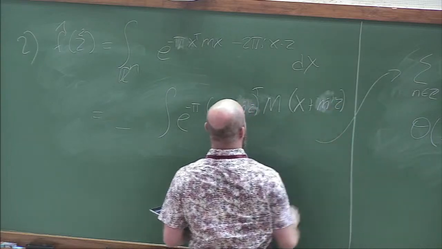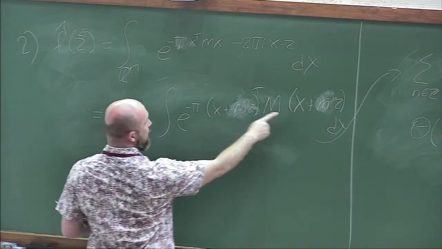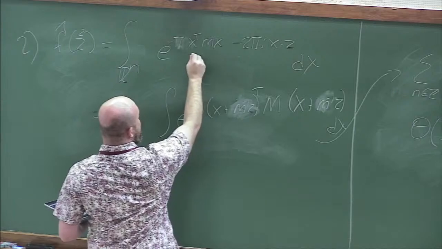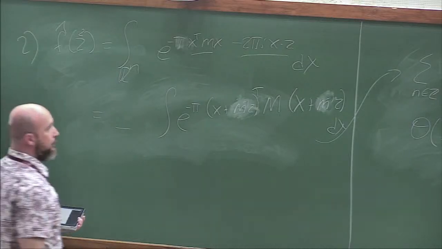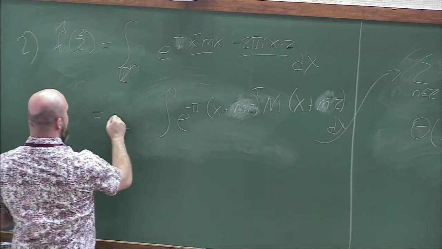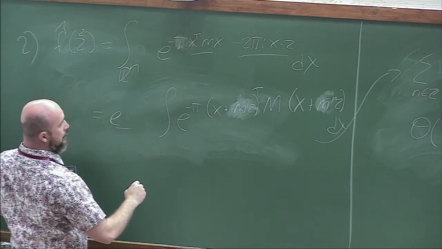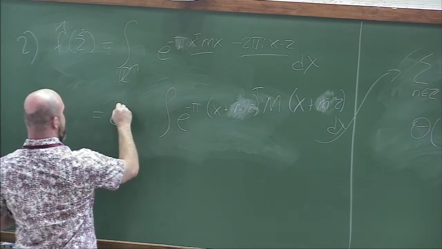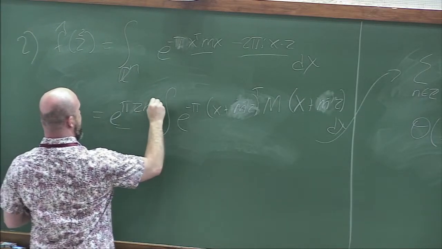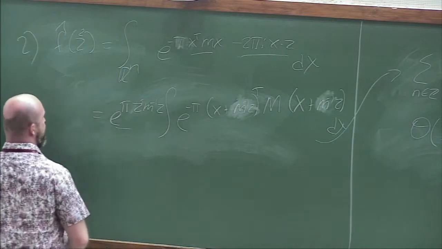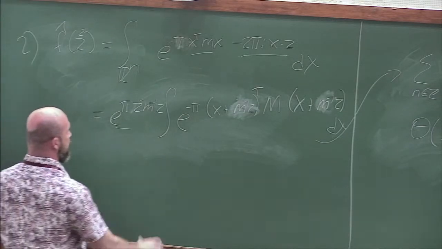So this is completing the square. If I expand this, this will get me this term. The cross terms give me this over here, but I've got an extra term sitting in there, so I need to factor that out. And so I'm going to have on the outside an e to the pi z transpose M inverse z. So there we go.